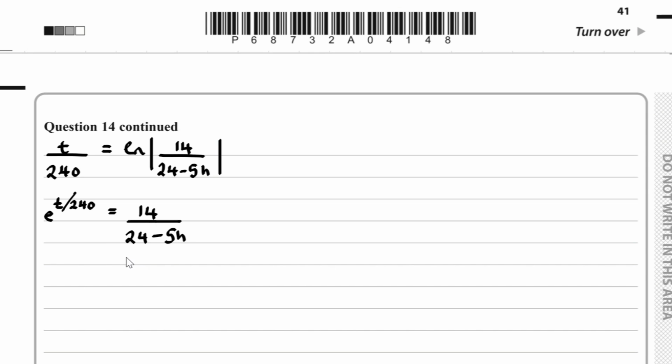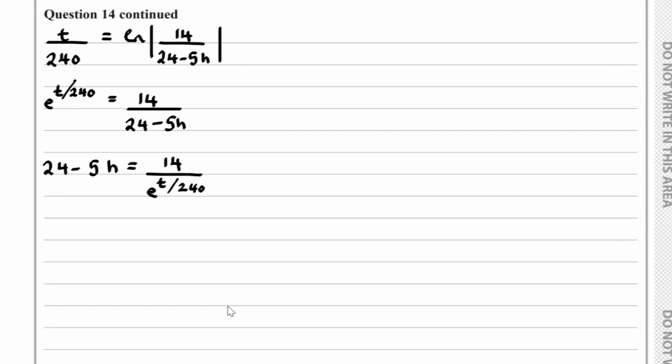So if we rearrange, 24 minus 5h equals 14 over e to the power of t over 240. 24 minus 5h equals 14 e to the power of minus t over 240.